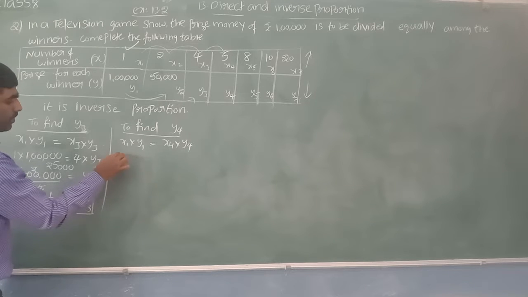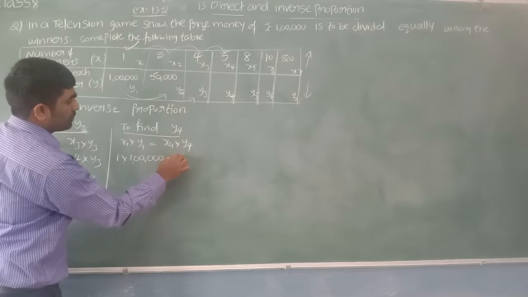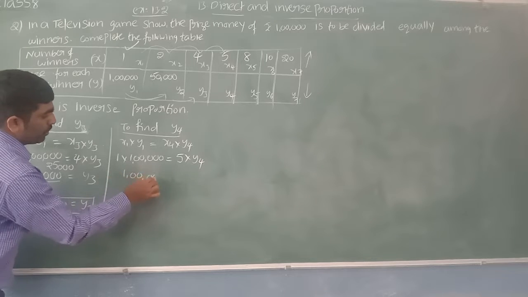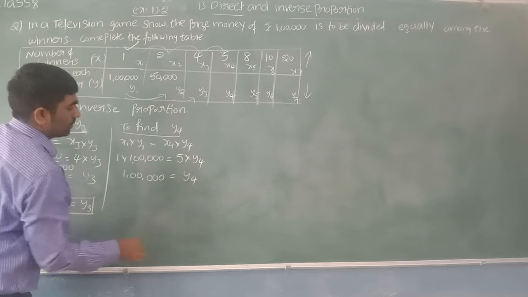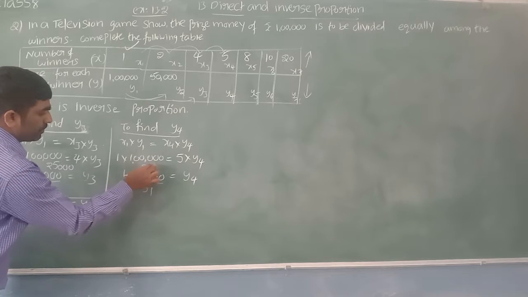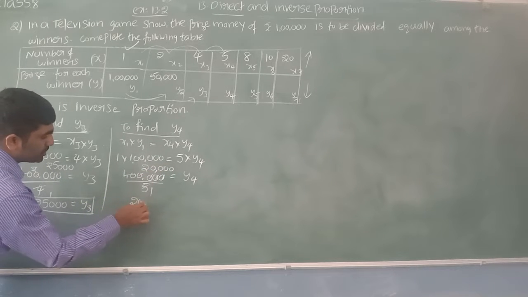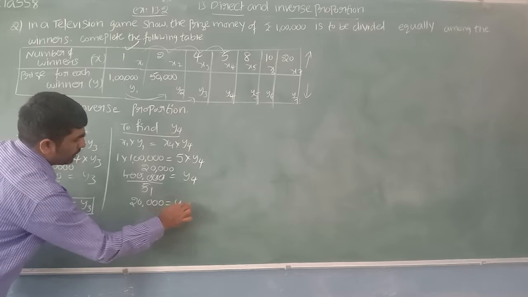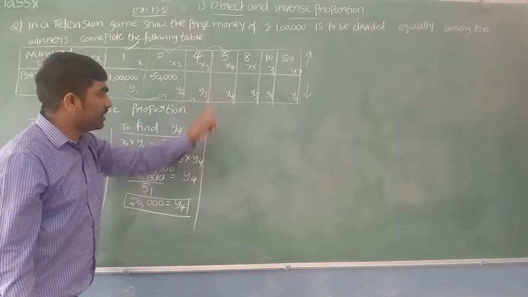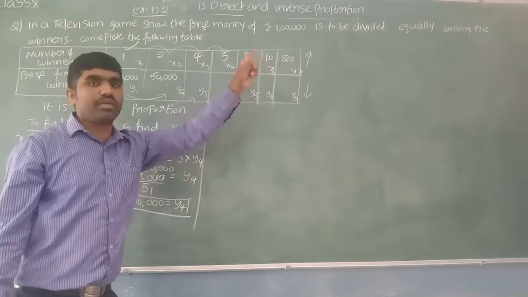So x1 into y1, 1 into 1 lakh, is equal to x4, 5, into y4. Now 1 into 1 lakh is 1 lakh, which is equal to 5 y4. This 5 we will transpose, divide by 5. 5 ones are 5. 5 twos are 10. 5 0 0. The prize money of each winner is equal to how much? 20,000 rupees. When there are 5 winners, the prize money of each winner is 20,000 rupees. You can see the prize money is decreasing, the reason being that the winners are increasing.